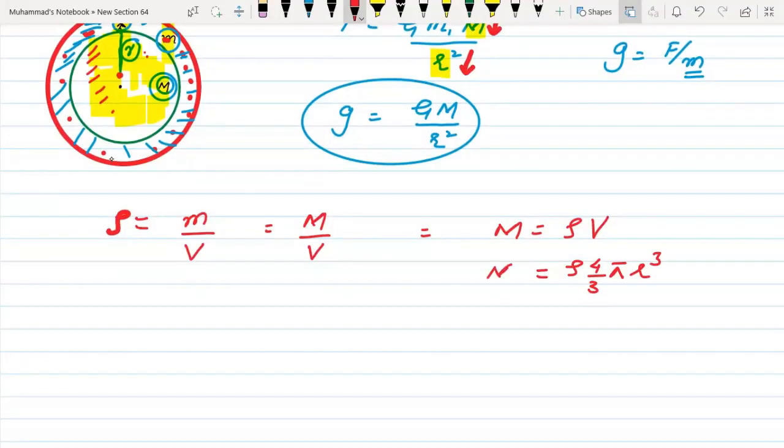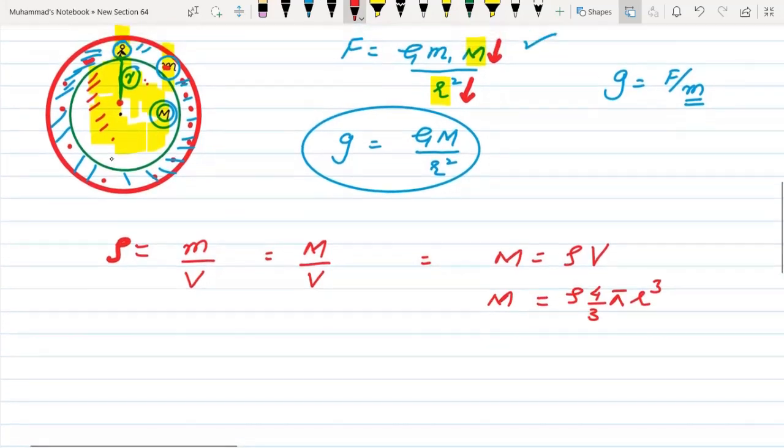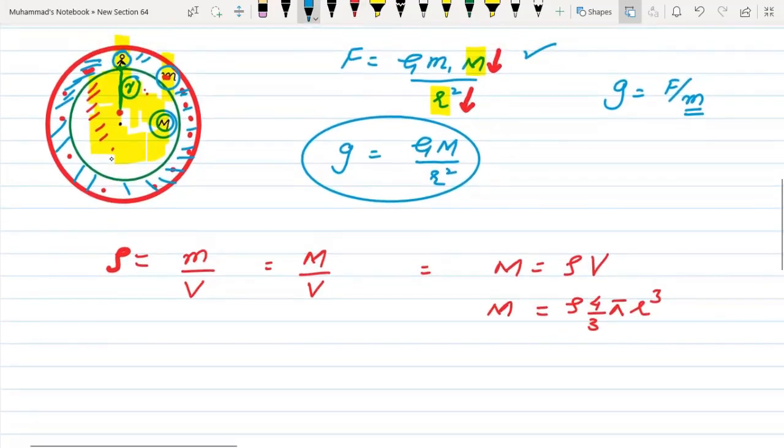That is how mass varies. As you come down, this m varies with r cube. Okay, mass is directly proportional to r cube.